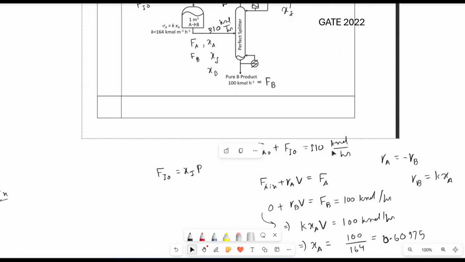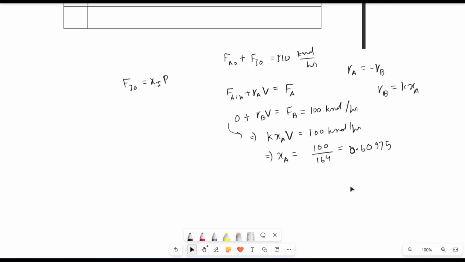From the concentration of A, we can easily find the outlet flow rate of A, which is XA into 310, equal to 100 by 164 into 310, which we get as 189.0243 kilomole per hour.